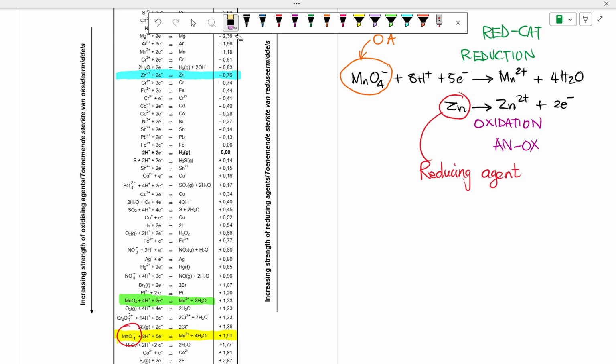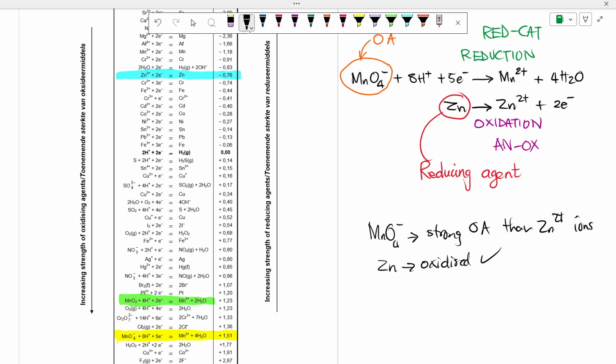That question is 3 marks. I'll say MnO4 is a stronger oxidizing agent than zinc 2 plus ions. Already there I mentioned 2 points, so I'm going to get 2 marks for that. Then I can say this means zinc will have to be oxidized, and that will make sure that I get my 3 marks.